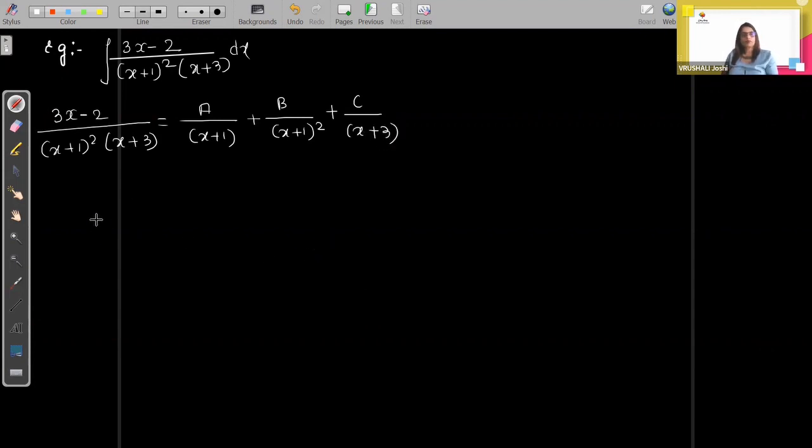Correct? Now, अभी तो आसान है ना. So because now simply you have to find out what? You have to find out the LCM. LCM क्या आएगा? x plus 1 the whole square into x plus 3. करेक्ट. सो ये जो होता है ना वही LCM होता है हमेशा, उतना याद रखो. करेक्ट. सो 3x minus 2, क्योंकि इसे काटना है ना फाइनली हमें, x plus 1 the whole square into x plus 3. बच्चे क्या करते हैं? राइट हैंड साइड को आइसोलेशन में देखते हैं. टाइम पास बहुत होता है.